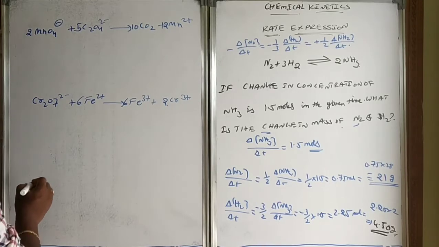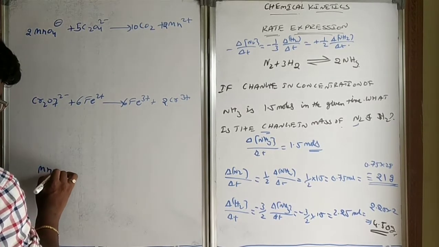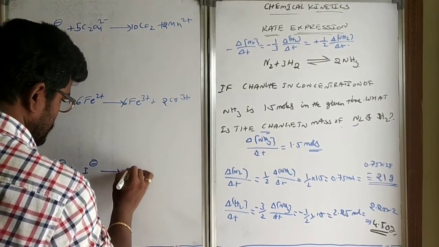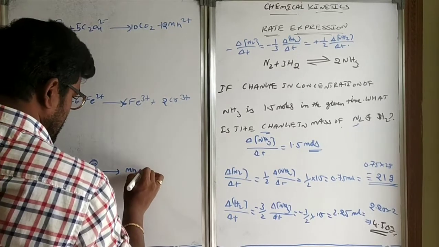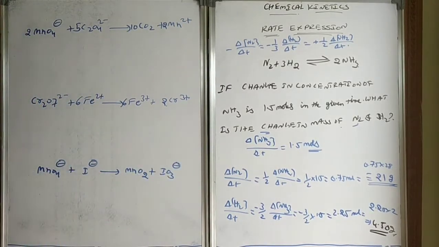One more thing is MnO4 minus plus I minus gives MnO2 plus IO3 minus.